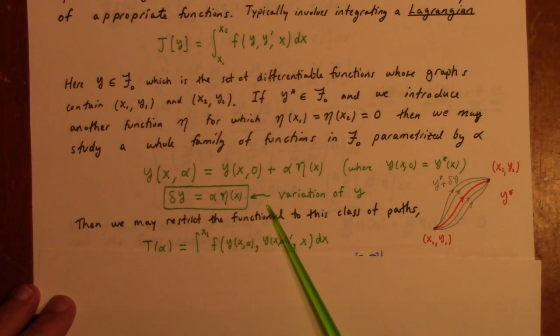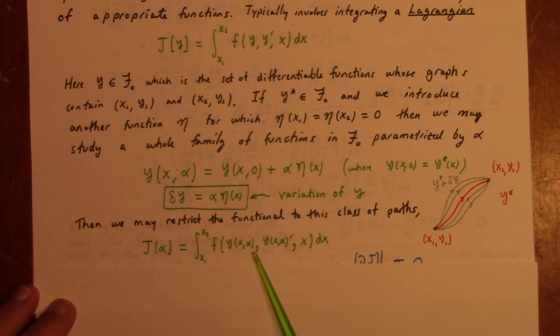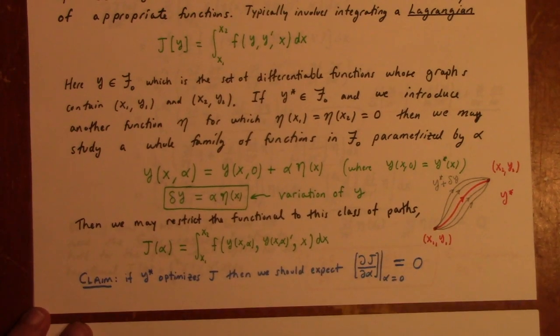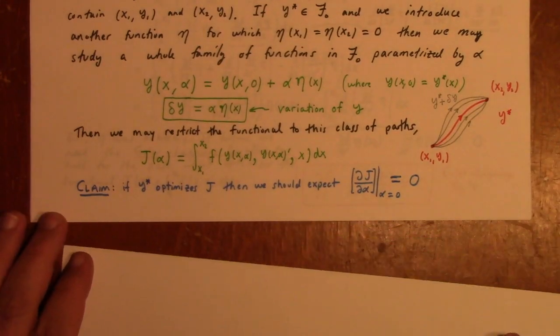Okay, so then we can restrict the functional to just this particular class of paths, right? We can look at J of alpha, which is going to be F of functions in this alpha family, the derivatives, and x. Now, here's a claim, and I think it's a reasonable claim.